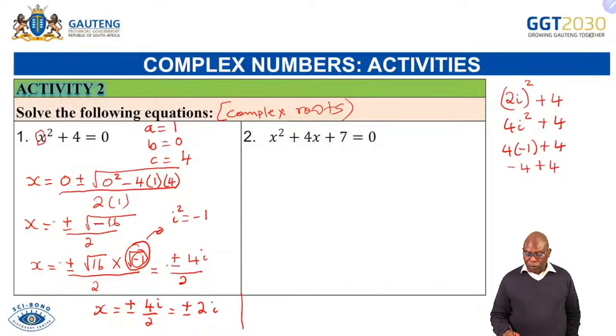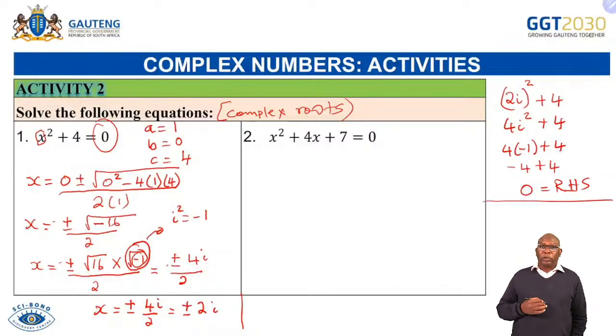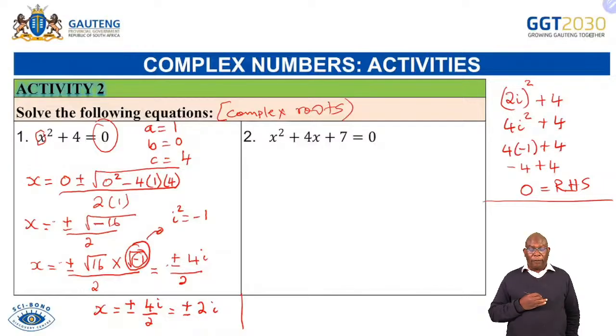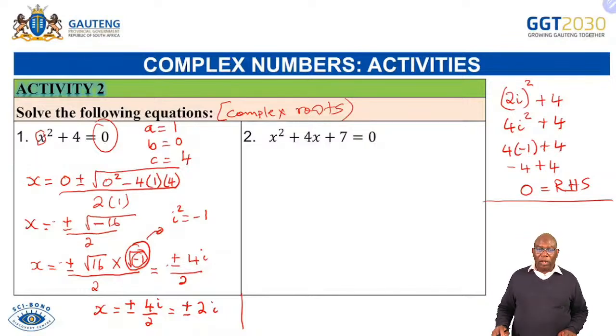Minus 4 plus 4 is 0, which equals the right-hand side. So in this case, I'm able to solve for that. Okay, so if you get this question in question 1, you must be able to do it, whereby you are again going to get a negative inside the square root, and you must be able to again work it out. Now, the second one is the same principle.